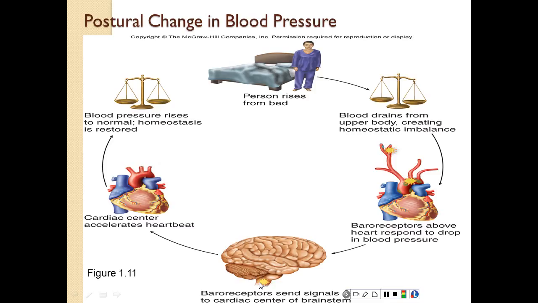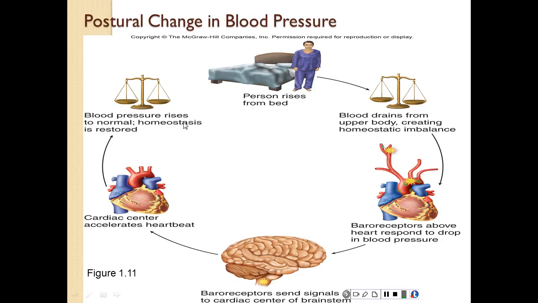The brain is going to receive the signals from the baroreceptors, process the information, and then it's going to issue a command telling the heart to increase, so that we can increase this blood pressure to normal levels, so that we can have homeostasis again.